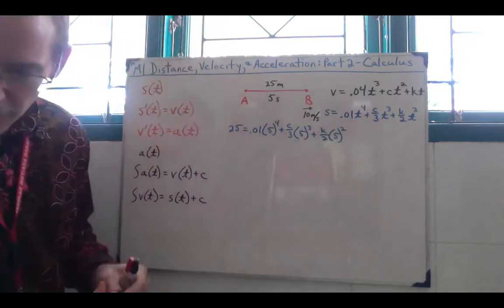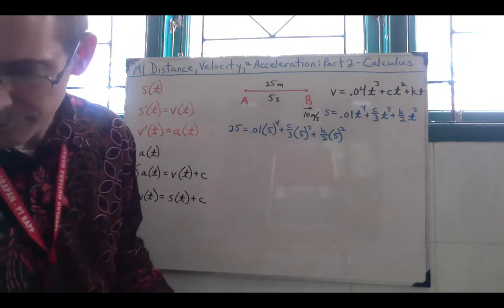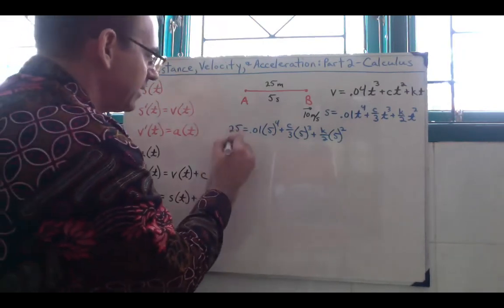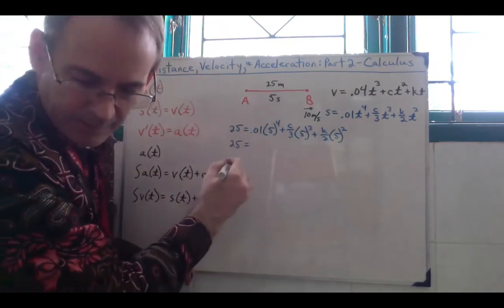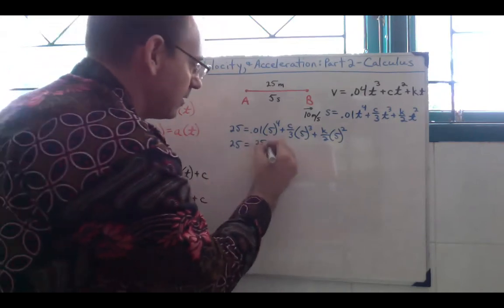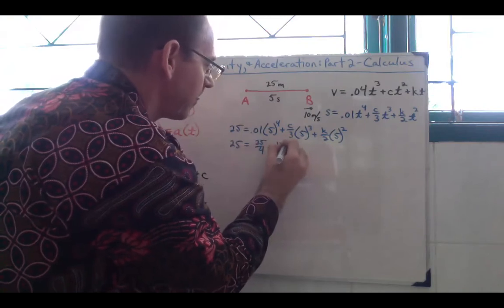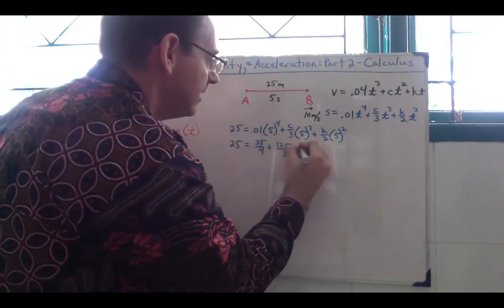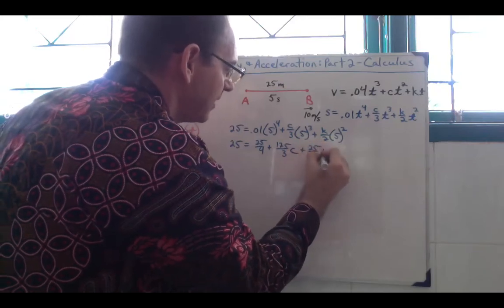And when we work all of that out, I'm going to jump ahead a little bit. We get 25 equals 25 fourths plus 125 thirds c plus 25 halves k.